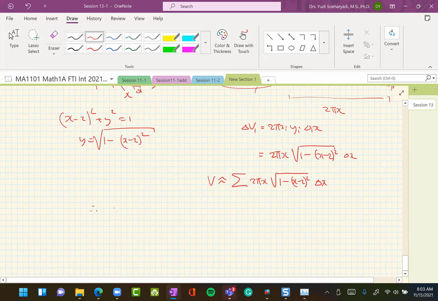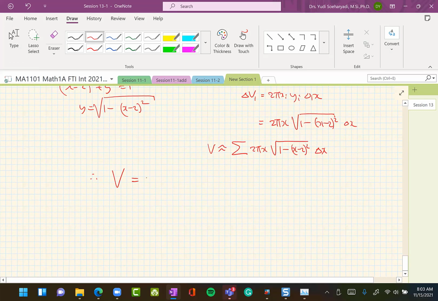So then now we compute. V is just 2 pi integral of x from 1 to 3.